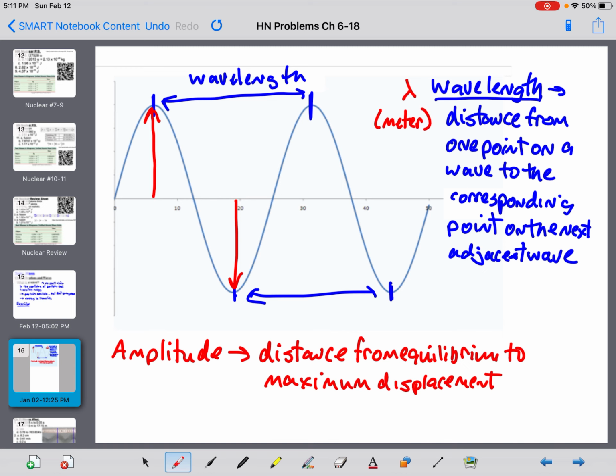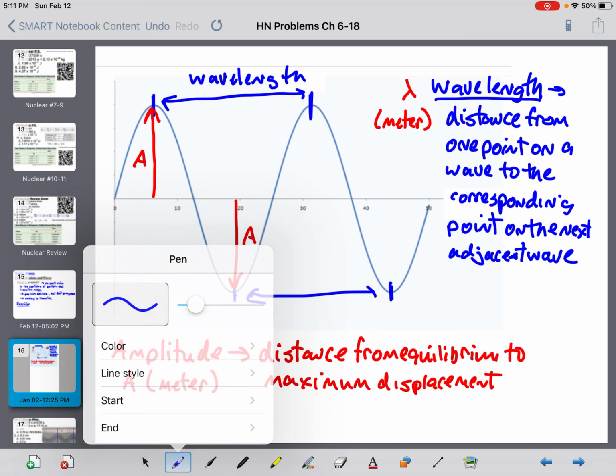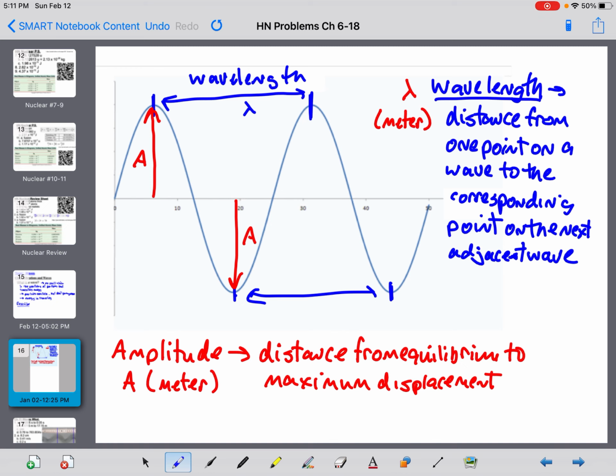Now, symbol for amplitude, we'll just use a capital A, and it's also going to be a measurement that is in meters. So I'm going to mark the A's. I'm going to go back and mark the wavelengths.